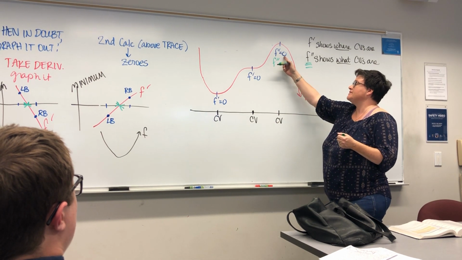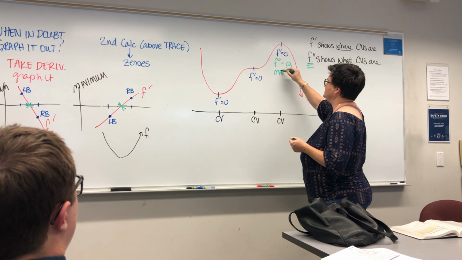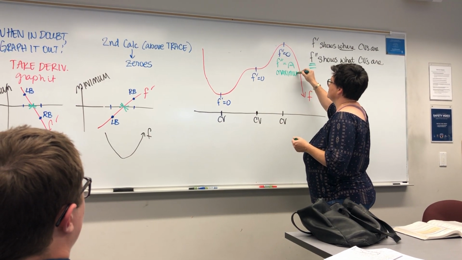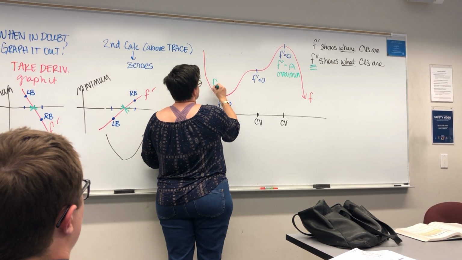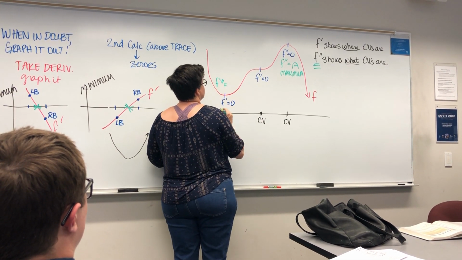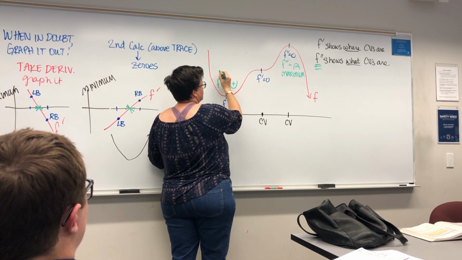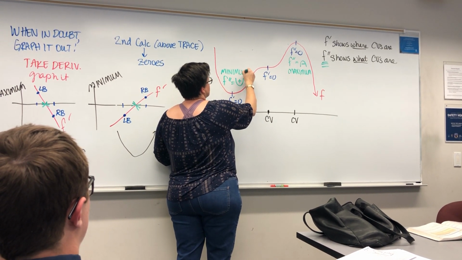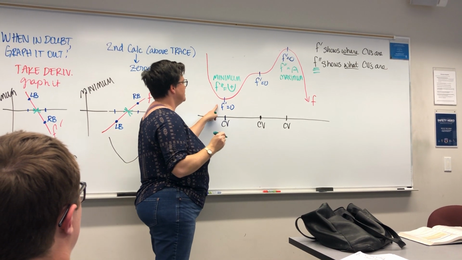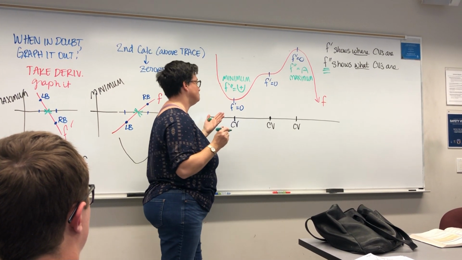So where the first derivative is 0 and the second derivative is negative, that's a maximum, guys. And what about this one over here? If I plug this critical value into the second derivative, what kind of sign am I going to get out? A positive. So this is a minimum, which you can clearly see, right? So when the first derivative is 0 and the second derivative is positive, that's a minimum.